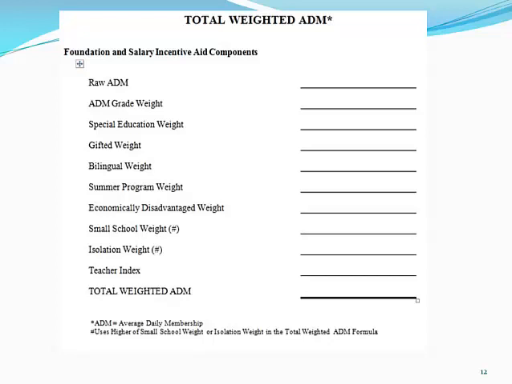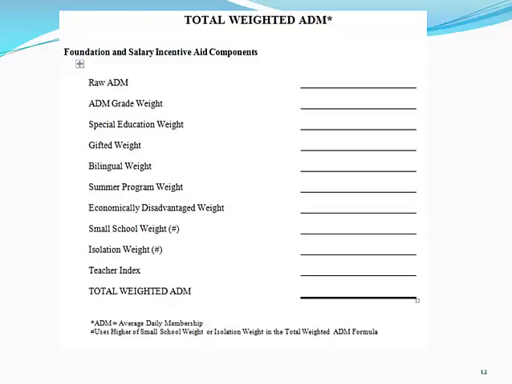Okay? Just like the other, as far as an equity piece, the weighted ADM is an equity piece as well. ADM simply stands for average daily membership. This is how many students you have in your schools. Our weighted ADM means that we realize it takes extra money to educate certain students.